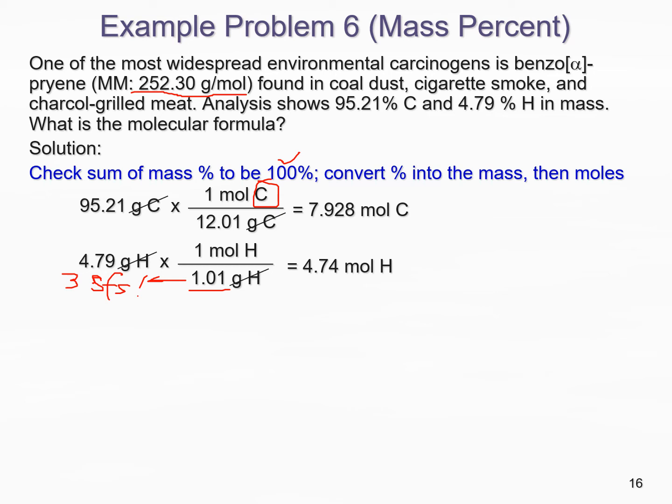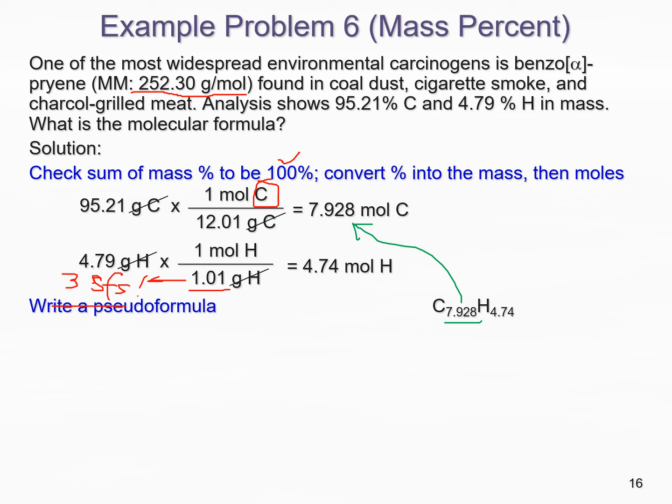So make sure it's 3 sig figs at least. Once we figure out the moles of each element, we write up the pseudo formula. Here I want you to notice how we write the formula: carbon, with the subscript from the number of moles of each element, 7.928, and hydrogen 4.74.